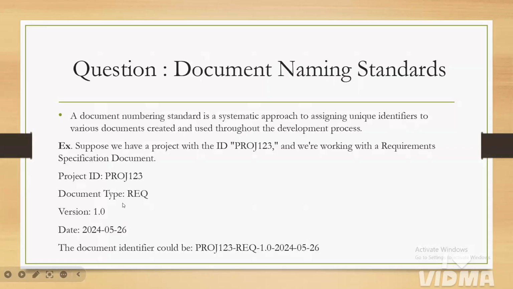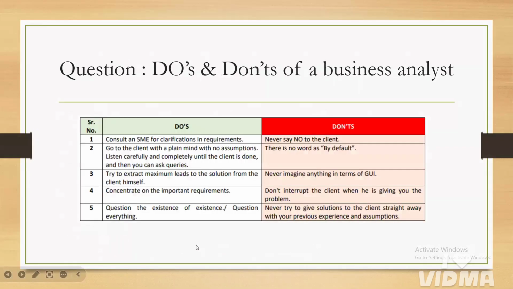And the document type, so REQ is the requirement specification document, or BRD, business requirement document, you can place it as business requirement document. And what is the version, and when it is signed off, or when the document is completed. In this way you need to represent the document.